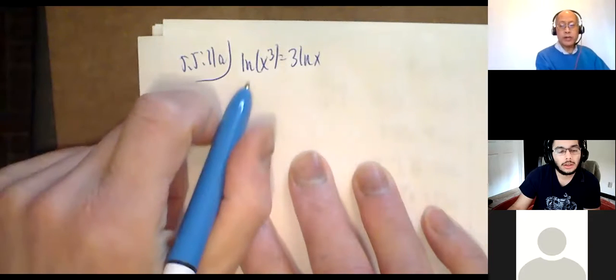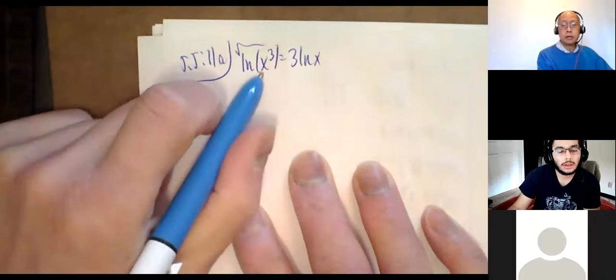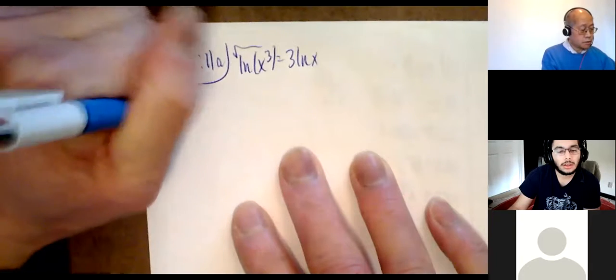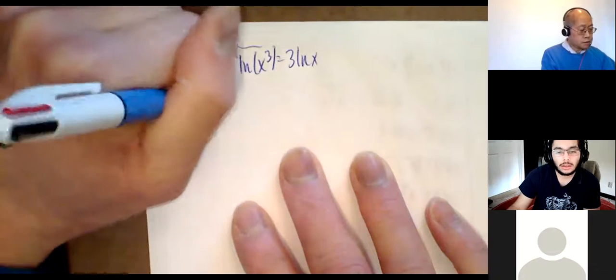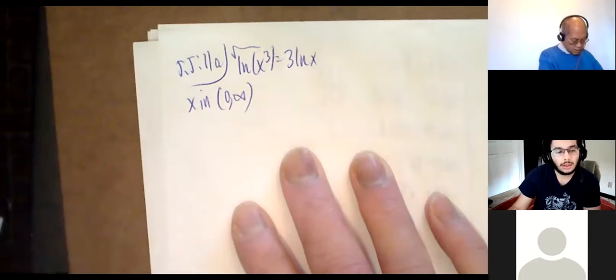That's always true whenever it's defined. That's a property of logs. So when is this valid? For positive numbers. So x is in 0 to infinity, which means positive reals is what's allowed.